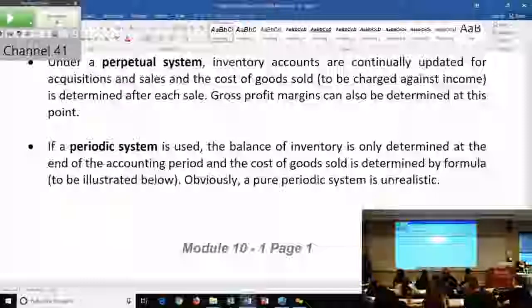On a periodic system, inventory is only updated at the end of the period. Whether that period is a month, a year, weekly updates, whatever it may be. So at any point in time, you don't necessarily know what's in inventory.